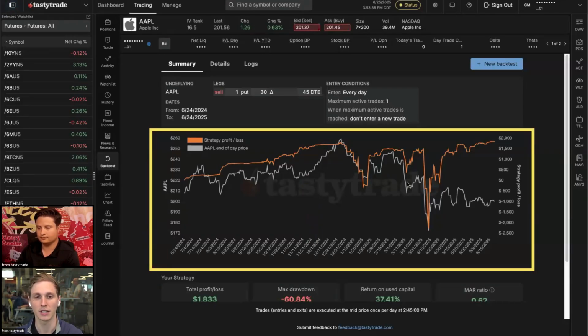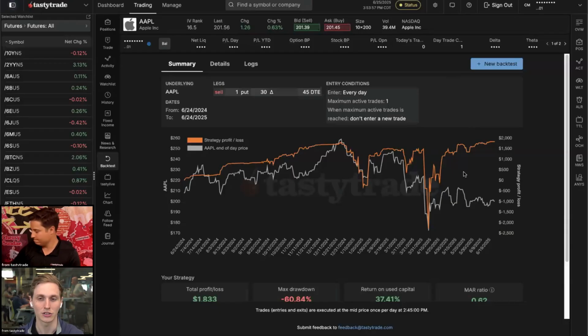So we can see here that selling a put on Apple over the last year based on our criteria is actually quite a bit more efficient than just buying Apple stock. I mean, if we look on the chart on Apple, they haven't had necessarily the best year. So it makes sense that selling some premium was a little more profitable, or actually quite a bit more profitable, than just holding the stock.